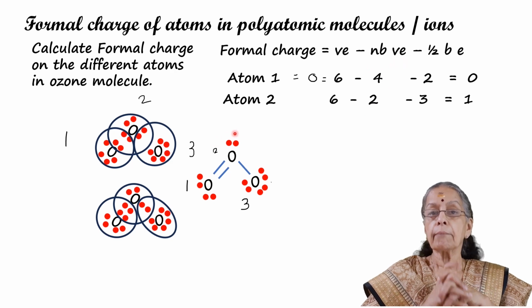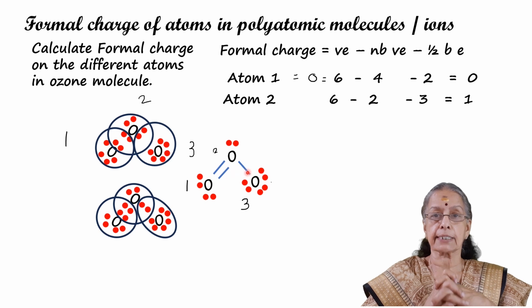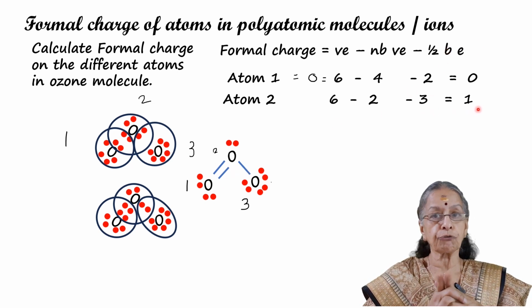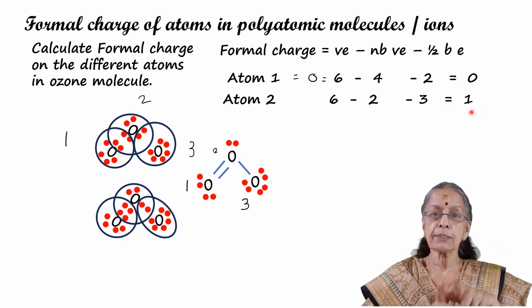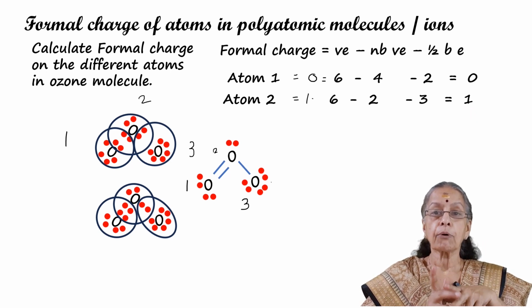For atom number 2, valence electron is again equal to 6 minus non-bonding valence electrons is only one lone pair. So, minus 2 minus bonding electrons is 6. So, half of that is 3. 6 minus 2 is equal to 4 minus 3 is equal to 1. That is positive 1. So, the formal charge on atom marked as 2 is positive 1 or 1 positive.